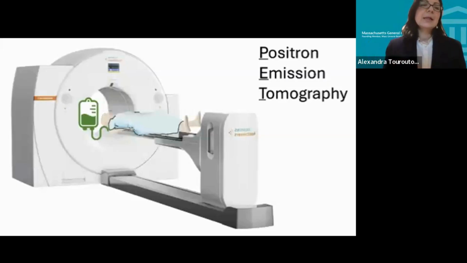We use that to measure brain metabolism. We use that to measure the amount of toxic proteins in the brain that are associated with Alzheimer's disease.